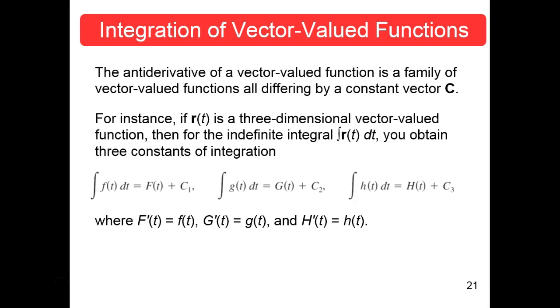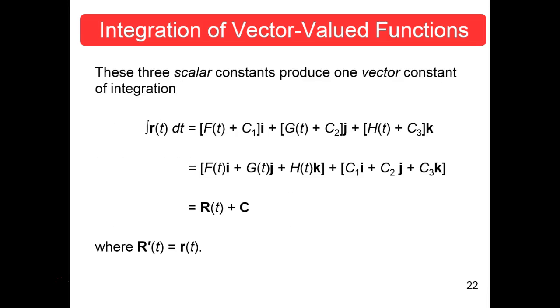Those three scalar constants produce one vector constant of integration, because C1 is the i component, C2 is the j component, and C3 is the k component.